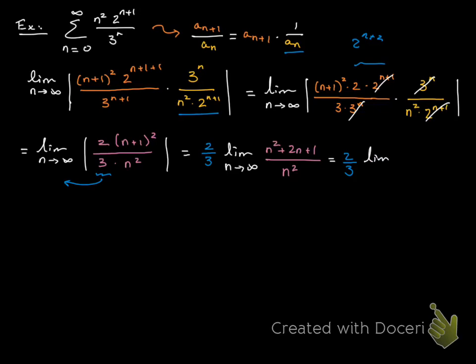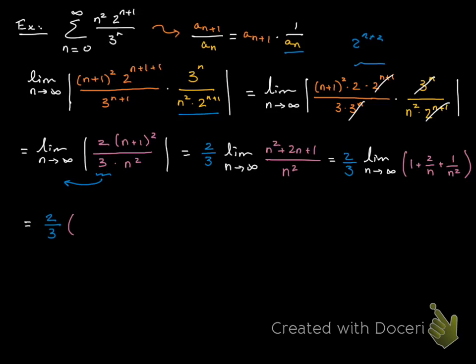To evaluate n plus 1 squared in a limit, I could use some L'Hopital's rule, but I think it's a little bit easier to just expand, FOIL, and then evaluate the result. Dividing everything through by n squared, I come up with the limit as n goes to infinity of 1 plus 2 over n plus 1 over n squared.